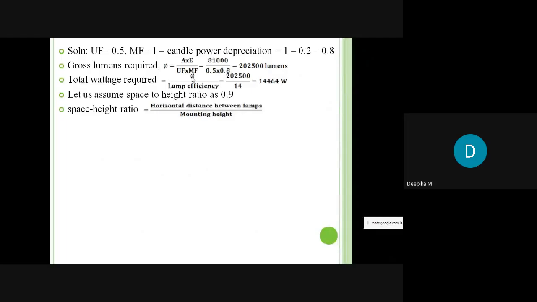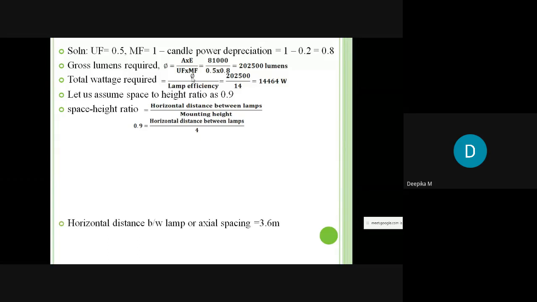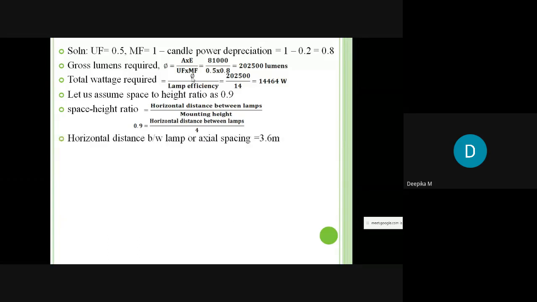How do we calculate this? 0.9 is the horizontal space to height ratio we have assumed, and the mounting height is 4 meter. So therefore, horizontal distance between the lamps, or we call it axial spacing between the lamps, in the x direction, is 0.9 into 4, which gives 3.6 meter.